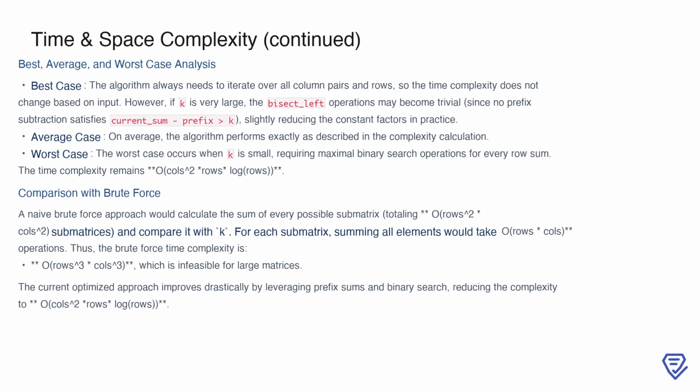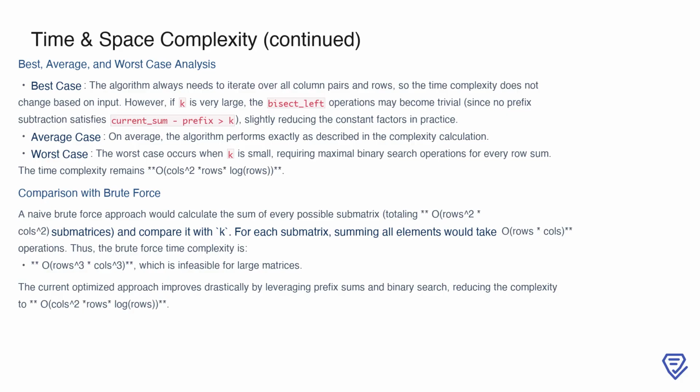Let's discuss the best, average, and worst case scenarios for the algorithm. In the best case, the time complexity remains the same because the algorithm must iterate over all column pairs and rows regardless of input. However, if k is very large, the bisect_left operations can become trivial since no prefix subtraction satisfies current_sum - prefix <= k.